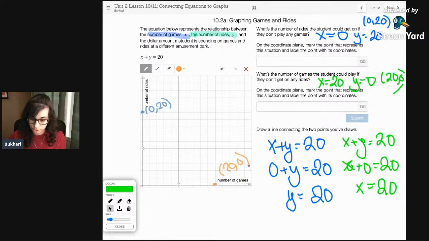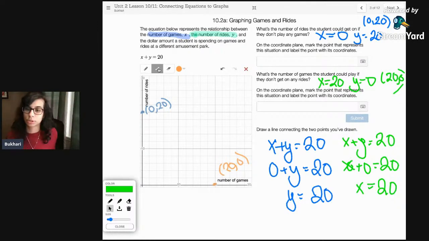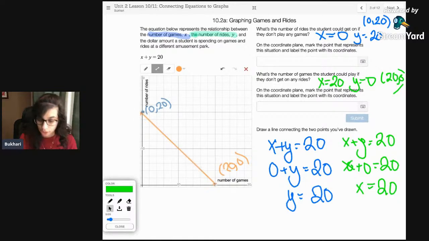And so, all right, now I can draw a line connecting those 2 points because I realize that these two are solutions to my equation. And so any point on this line is also a solution to the equation. Obviously, this is a sketch, so it's not going to be a perfect one, but we can also check how our graph looks, right?